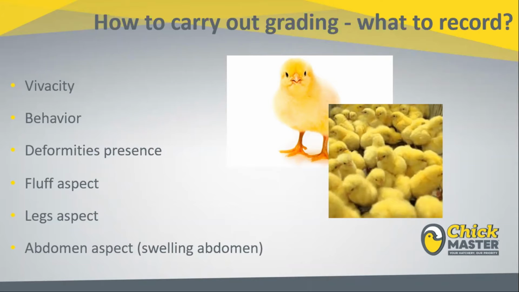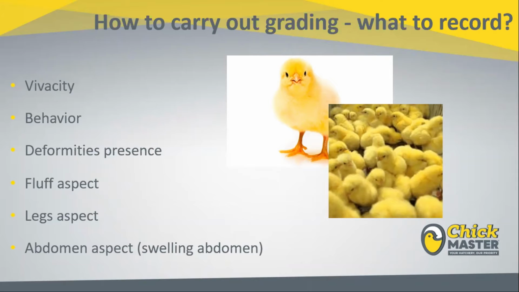Of course, if we find one or two chicks with deformities, it's not really a big issue. But if this deformation is present in many boxes, or we have a high rate of deformities, in this case, we can start asking if we are not facing some issues.